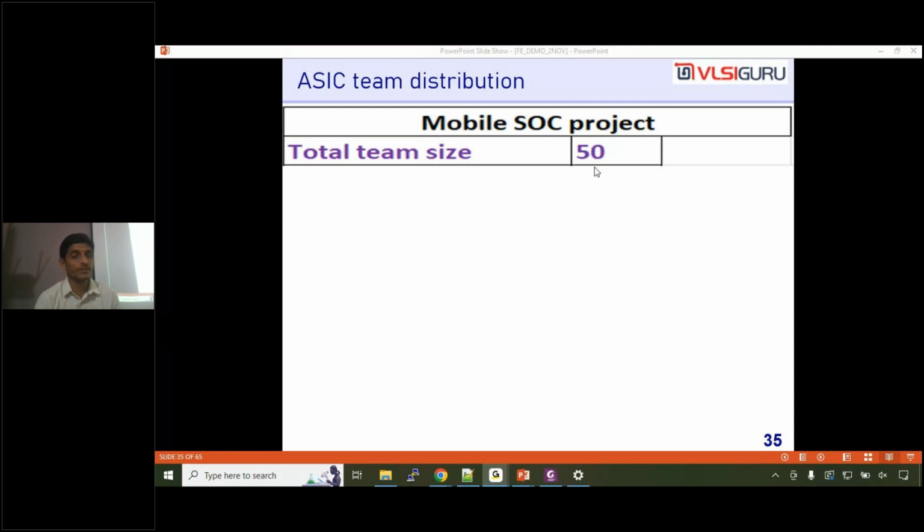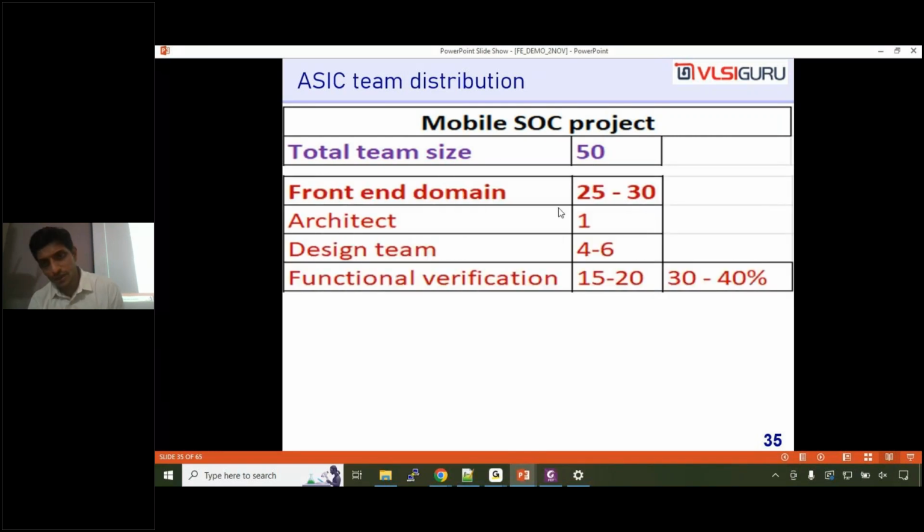Let's say there are 50 people in that team. So how will the distribution be? Out of this 50, front end domain will have around 25 to 30 people. That's around 50 to 60%. So there will be a little more people in the front-end domain compared to back-end domain.